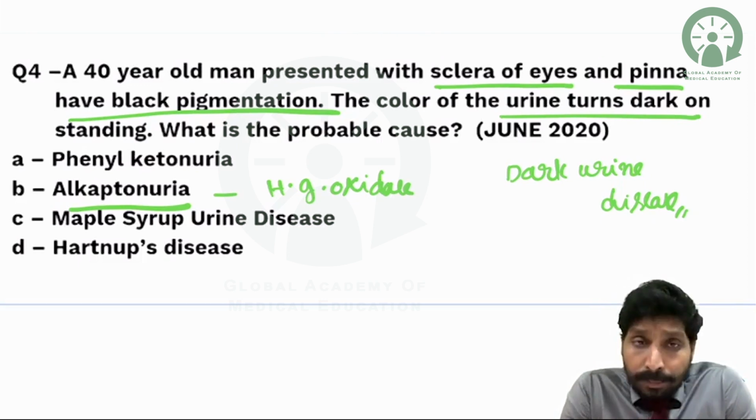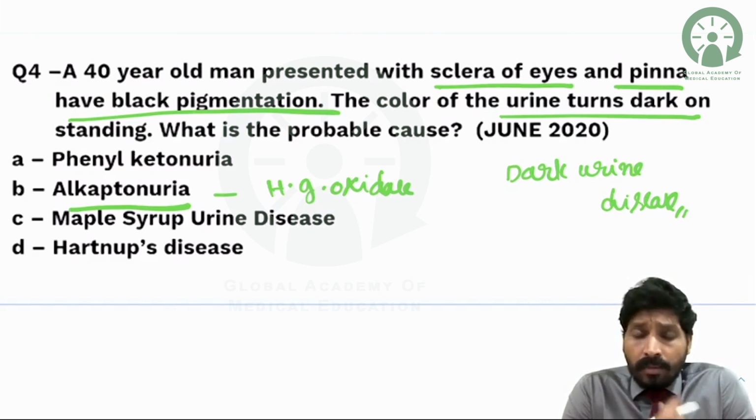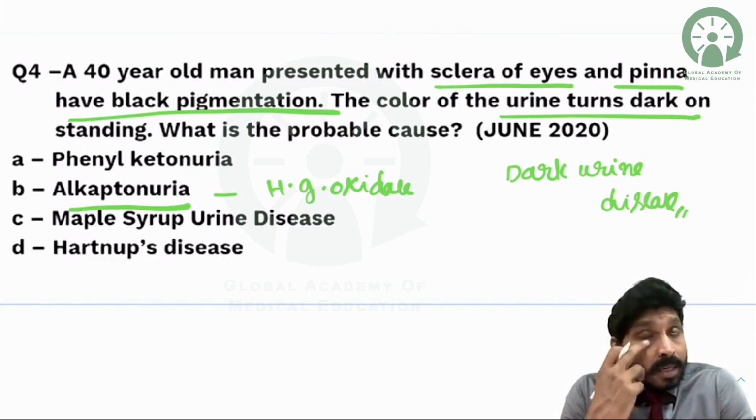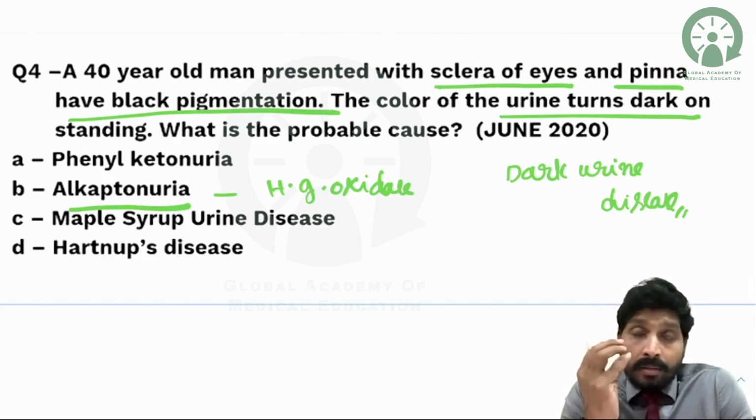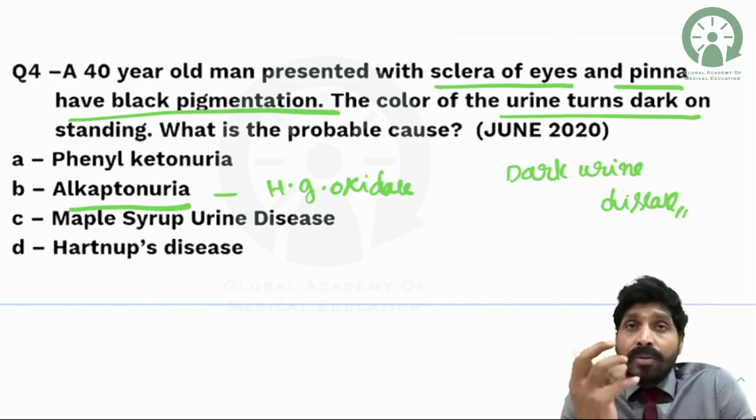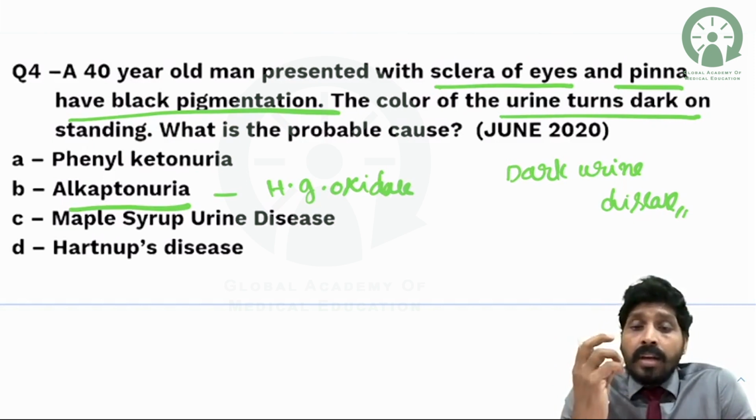In alkaptonuria, there are no odor symptoms. They have visual symptoms, because homogentisic acid is a strong reducing substance.